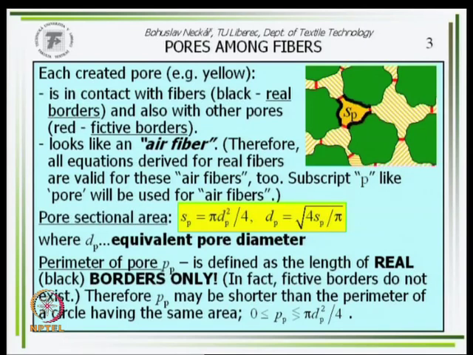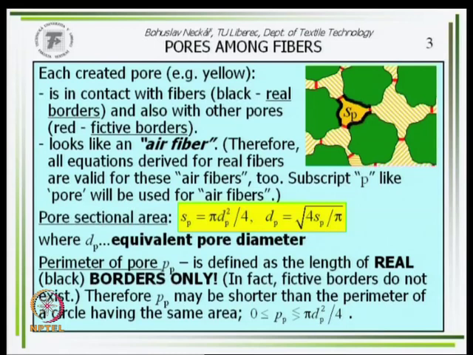One difference between our air fibers and real fibers exists in the term of perimeter of pore. In opposite to fibers, to the perimeter of pore we calculate the real borders only.